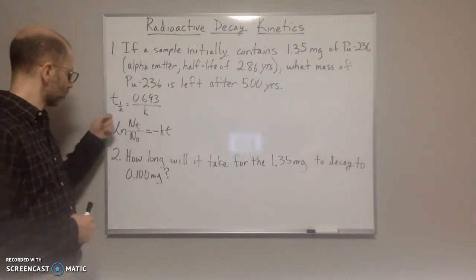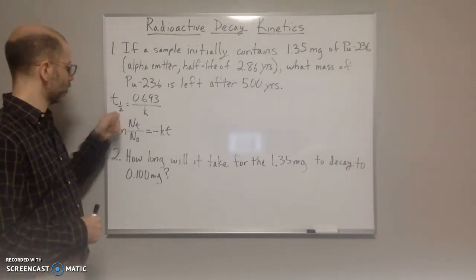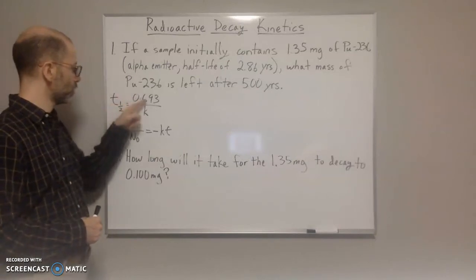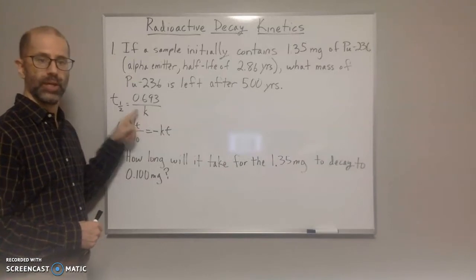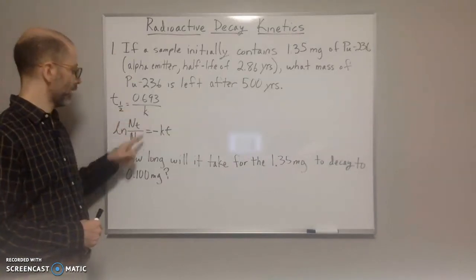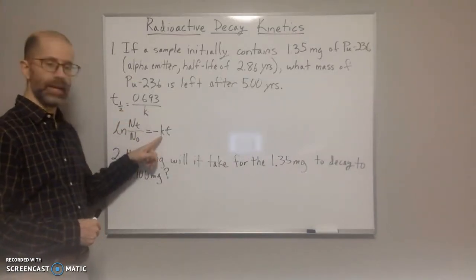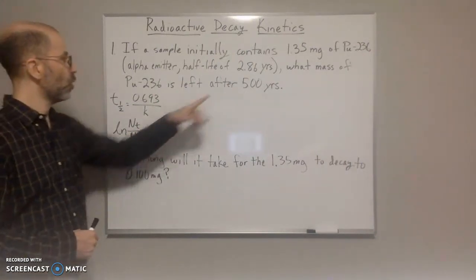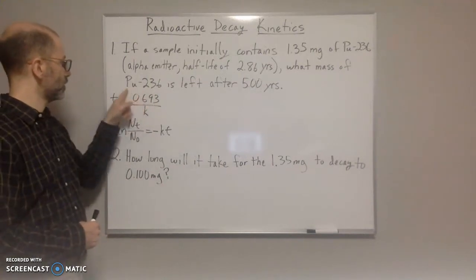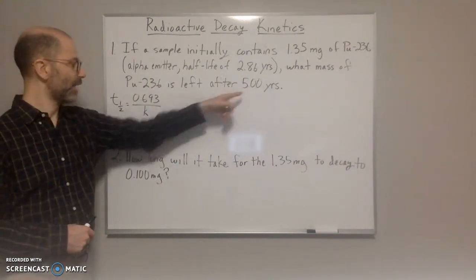So here we have the half-life equation. The half-life is equal to 0.693 over k, the rate constant. And so we can use this to find k, because once we find k, then we can plug it in with the information, and they want to know what mass of this substance, Pu-236, is left after 5 years.